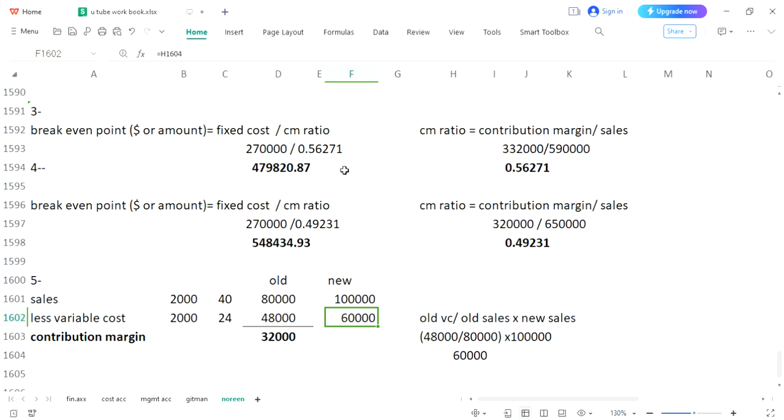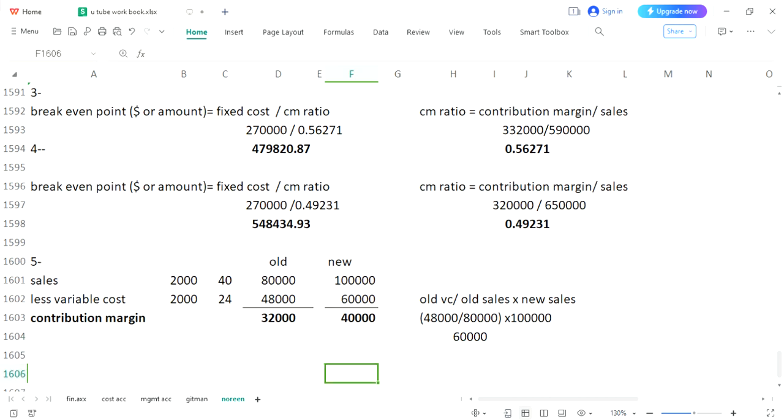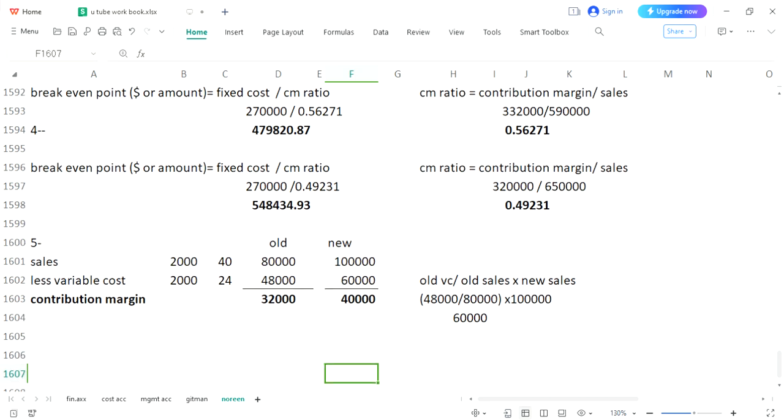It's time to calculate our contribution margin, which is the difference between sales and variable cost. Sales 1 lakh and we subtract variable cost 60,000, so we have got our new contribution margin, which is 40,000. Now you will be very much clear that if you change your sale by 20,000 rupees or dollars, if sale has increased from 80,000 to 1 lakh, our contribution margin would be increased by 8,000.